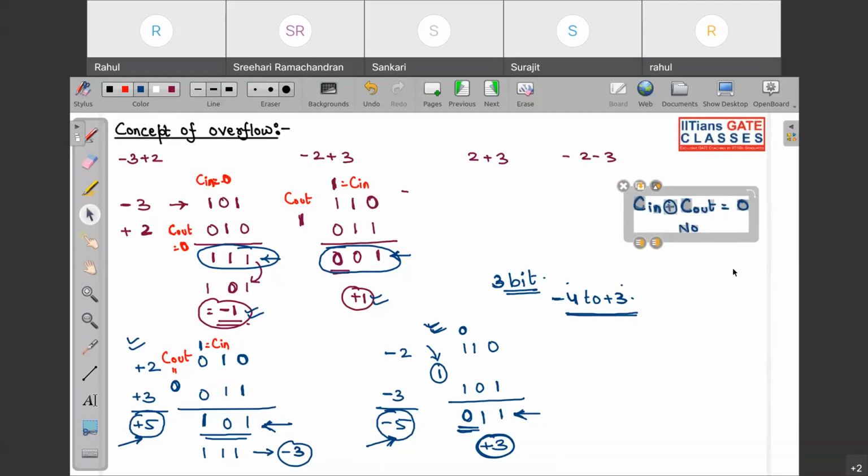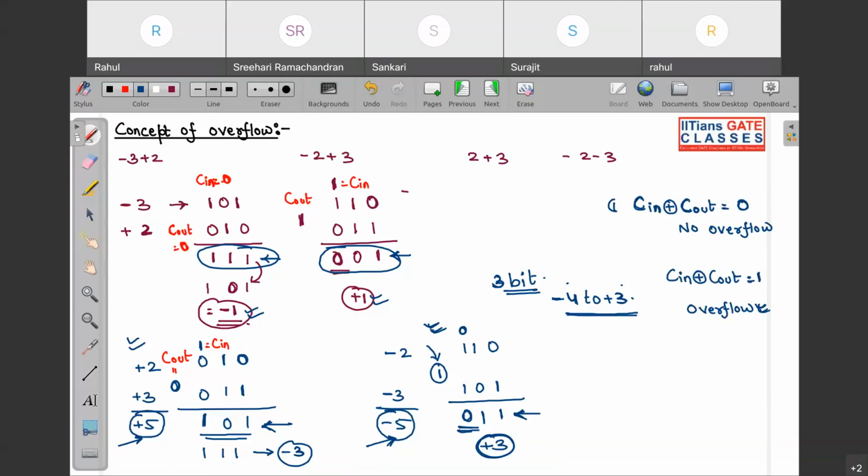If C in XOR C out is 0, no overflow. But if C in XOR C out is equal to 1, then overflow is happening.